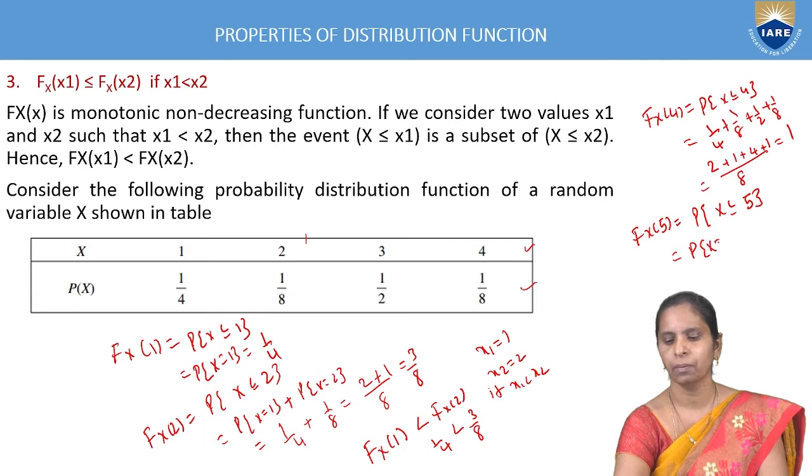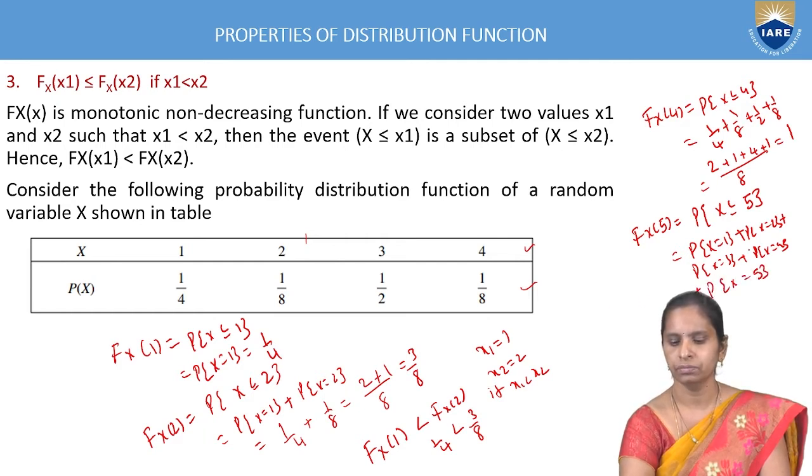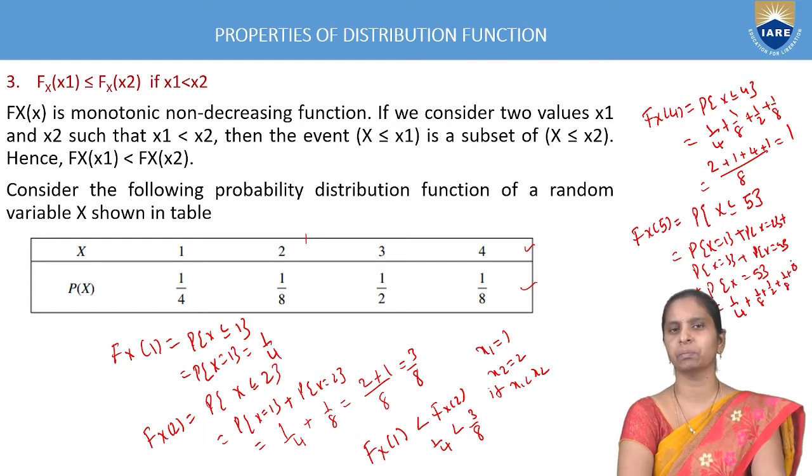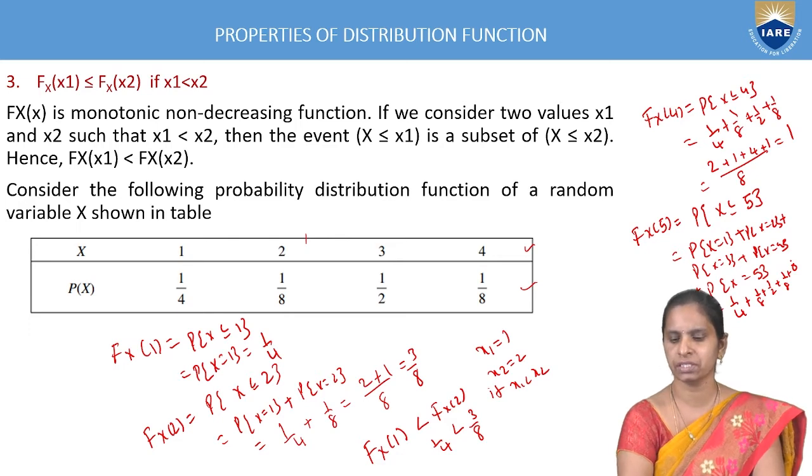That is P(X=1) + P(X=2) + P(X=3) + P(X=4) + P(X=5). P(X=1) is 1/4, plus P(X=2) is 1/8, plus 1/2, plus 1/8, and P(X=5) I don't have. Therefore, it is an impossible event. The probability of an impossible event is 0. Then my F(5) is equal to 1.